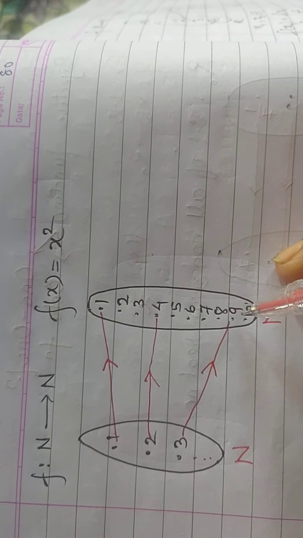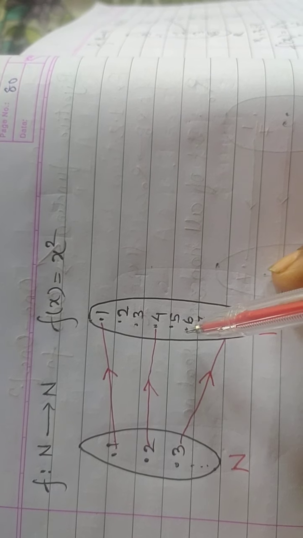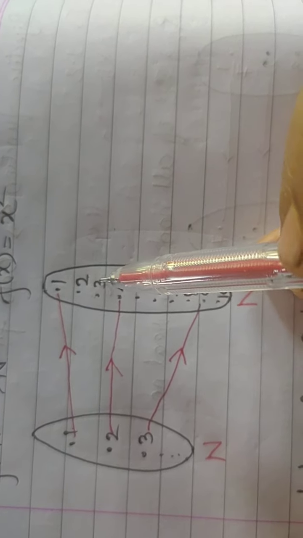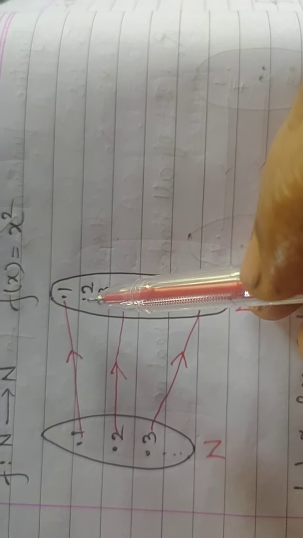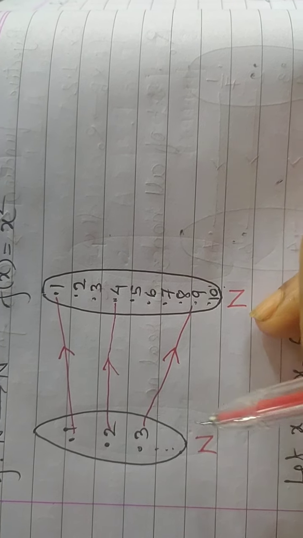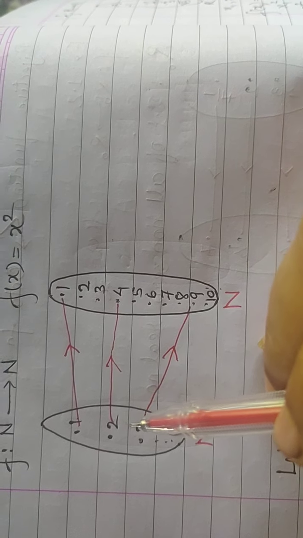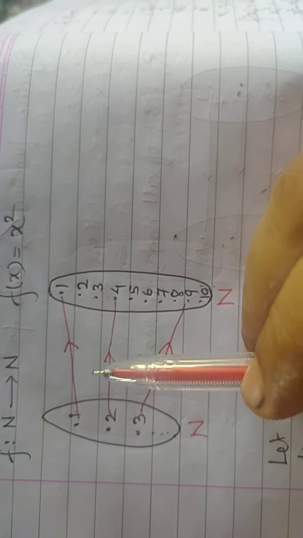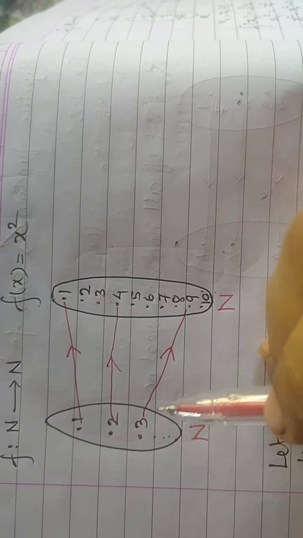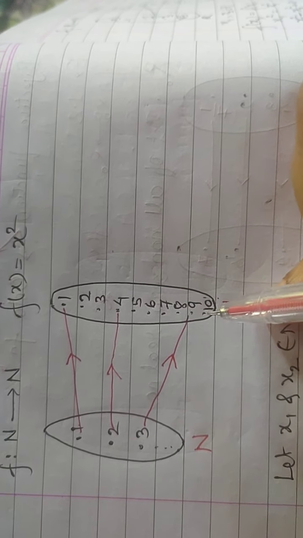What about the remaining numbers in the codomain? As you can see here, 2 is left. The element 2 does not have any pre-image in the domain set. 3 does not have any pre-image in the domain set. 5 does not have any pre-image in the domain set. As you can see, it is a 1-1 function. It is 1-1, but it is not onto, it will be an into function.